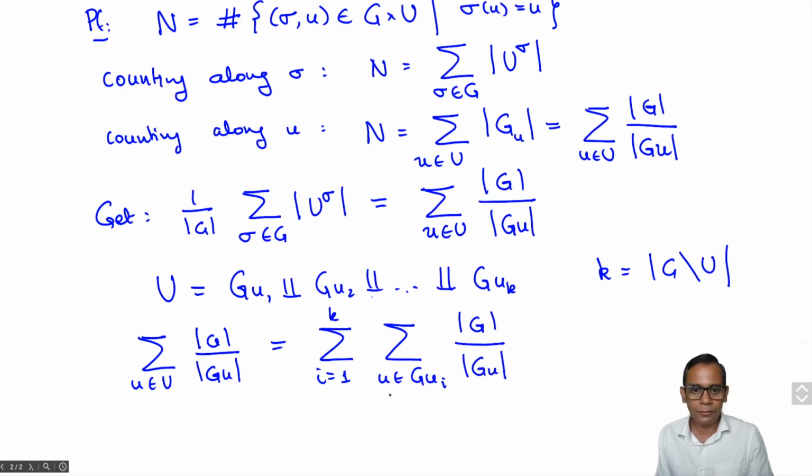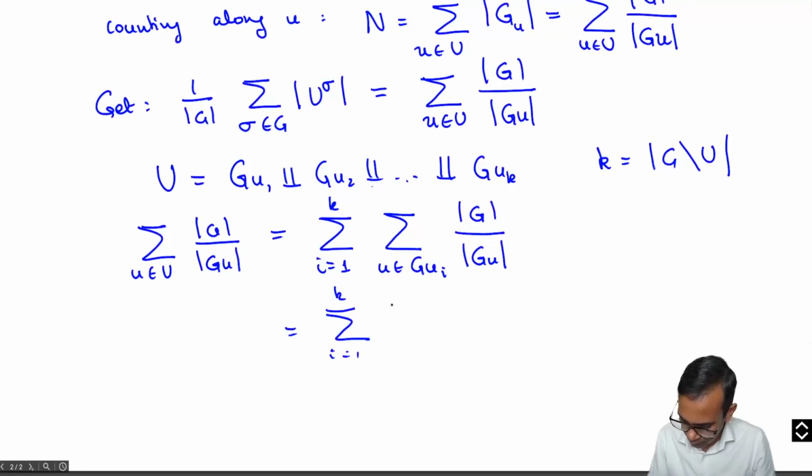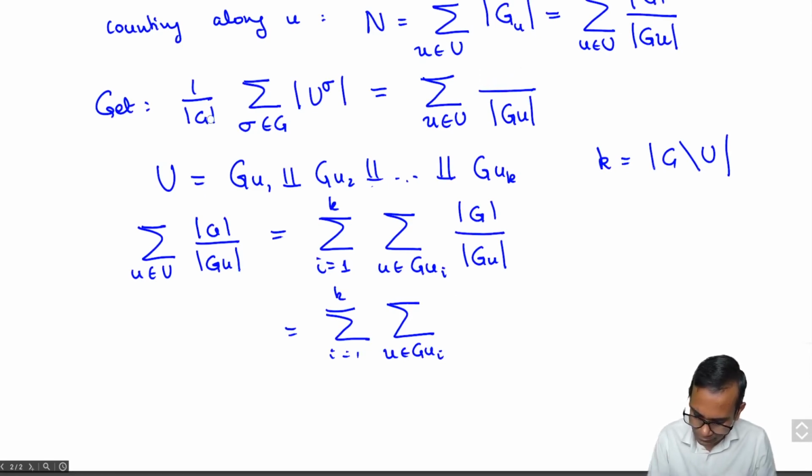But the point is that if U belongs to GUI, then that means that GU is equal to GUI. So this is equal to the sum I equals 1 to K, summation U belongs to GUI, and sorry, here there's no cardinality of G. I divided by it here, so there's only one. So U belongs to GUI, and then I have 1 over cardinality of GUI.